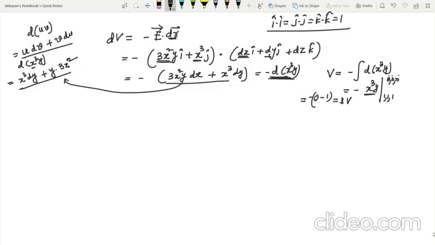Suppose the question is: a uniform electric field of say magnitude E in space, say directed along the line y equals x plus 3.